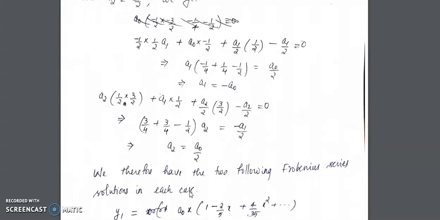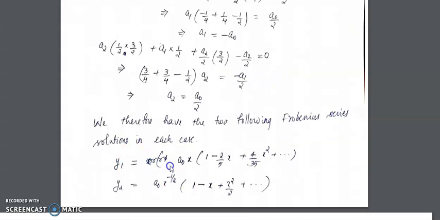Now we can find the corresponding Frobenius series when you have m equal to 1 and m equal to minus 1 by 2. For m equal to 1, a0 is common in every term, so x power m into the remaining series. So you will get x power 1 into a0 plus a1x plus a2x square plus etc. So a0 is common: a0x into 1 minus 2 by 5x plus 4 by 35x square plus etc. Now the second value of m is minus 1 by 2.